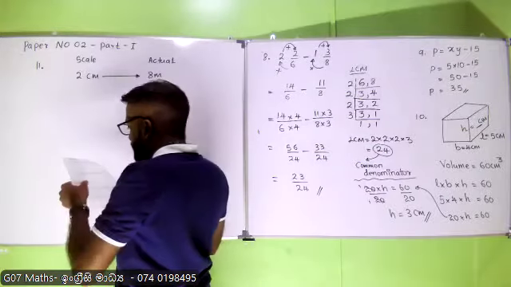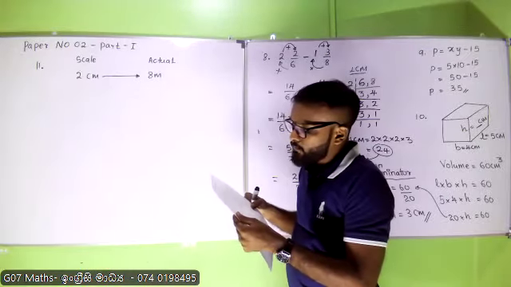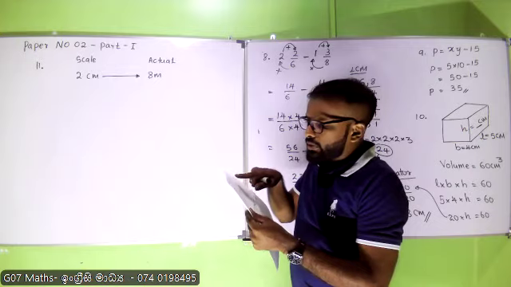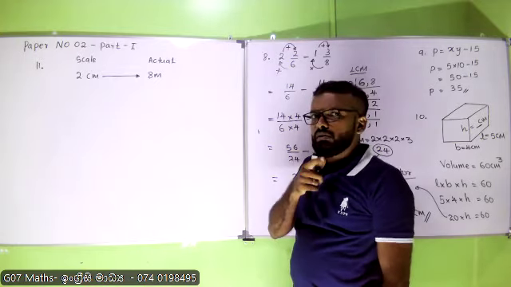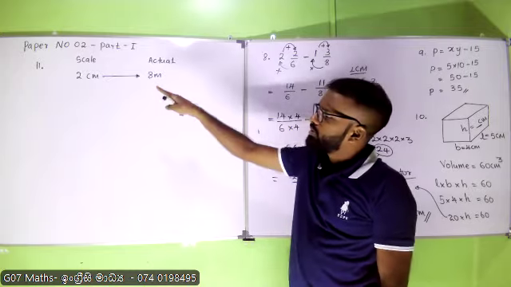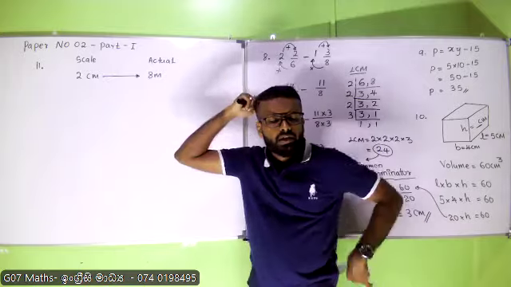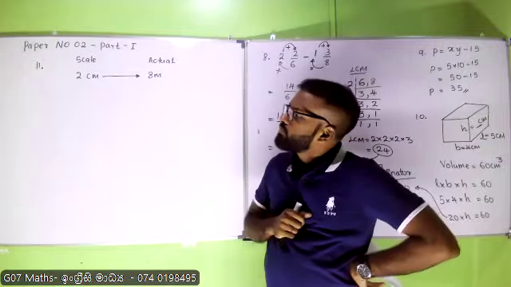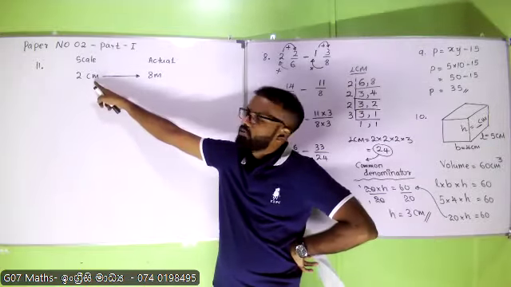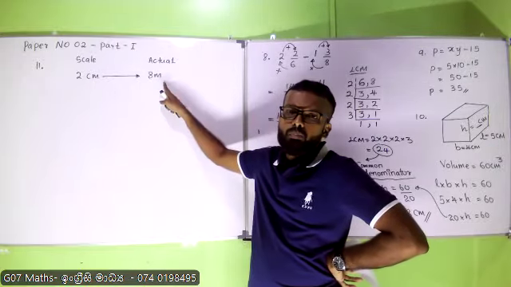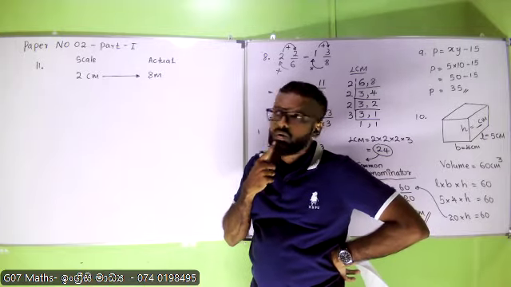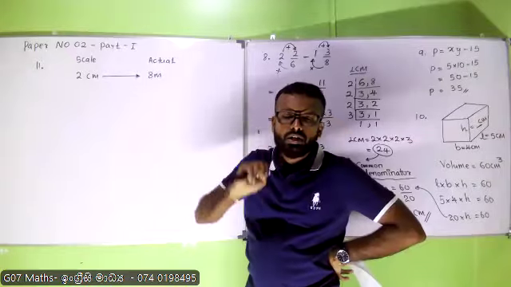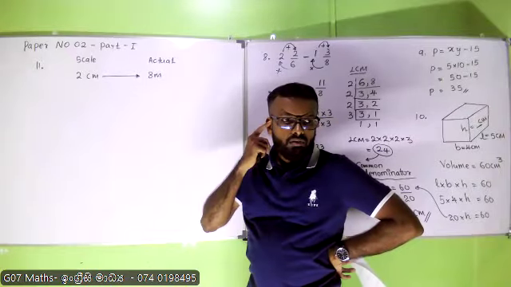Now they are asking to express the scale as a ratio. If I want to represent 2 centimeters and 8 meters as a ratio, here we have centimeters and here we have meters. Can we represent it as a ratio with two different units?